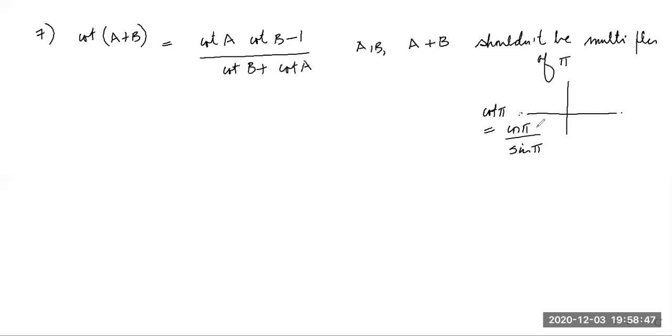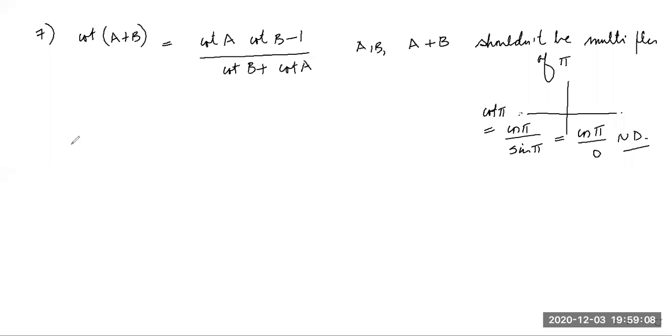And students, sine pi, sine 2 pi is 0. So sine pi is 0, again not defined. That's the reason. In case of cot, A, B, A plus B shouldn't be multiples of pi.